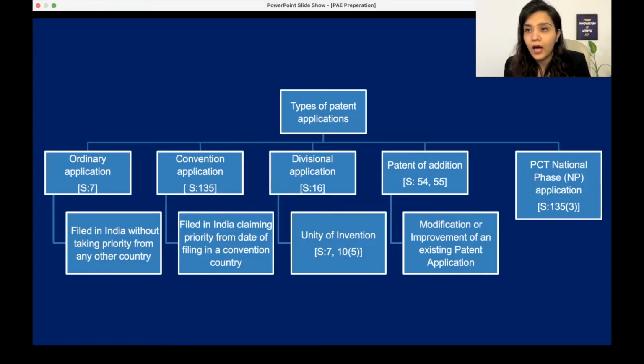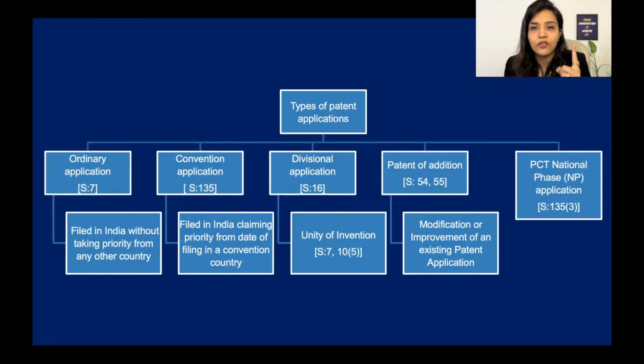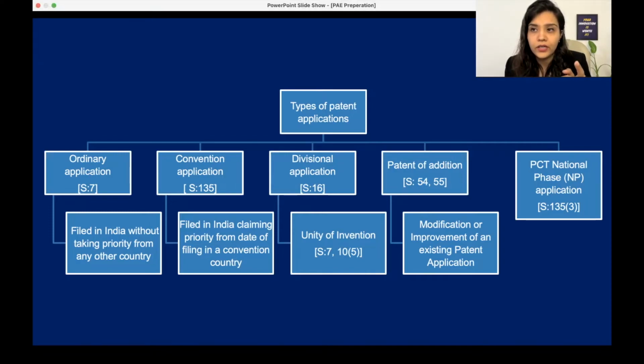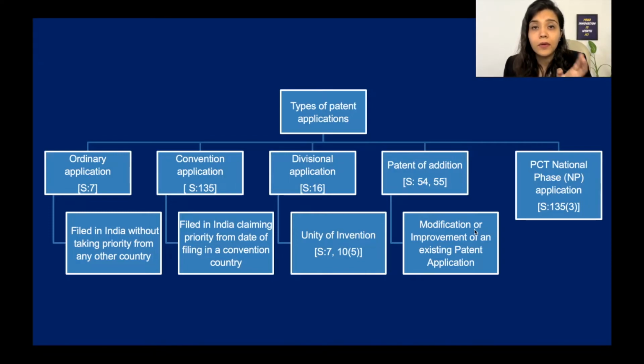So for example, I have filed my patent application on 1st April 2023. Then my main patent application would be valid till 1st April 2043, for a period of 20 years from the date of filing. And I file a patent of addition next year, 1st April 2024.